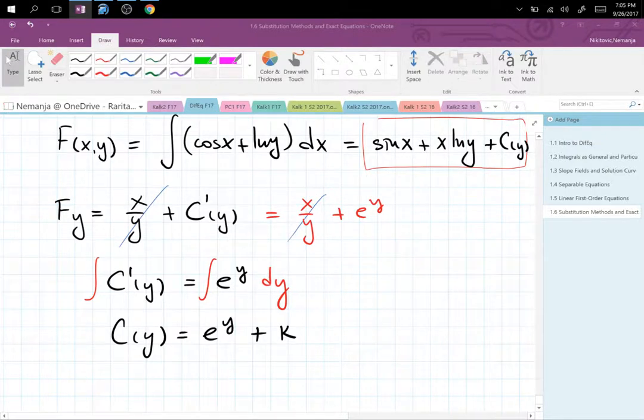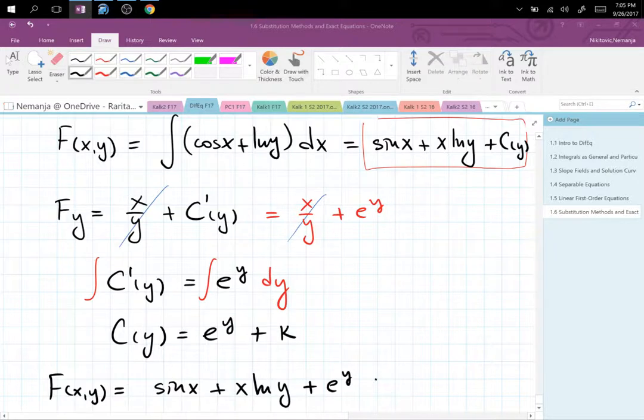All I need to do is plug that into the solution because we were looking for c of y. Now we have it. And the answer is sine x plus x ln y plus e to the y plus k.